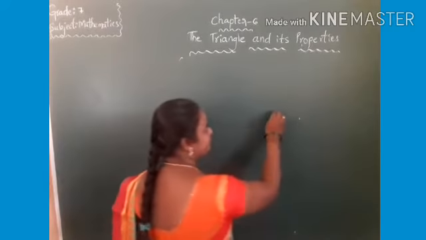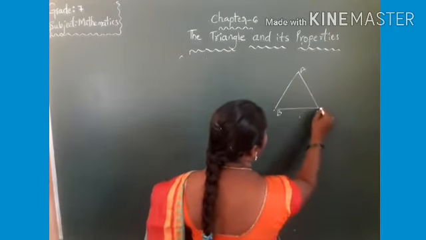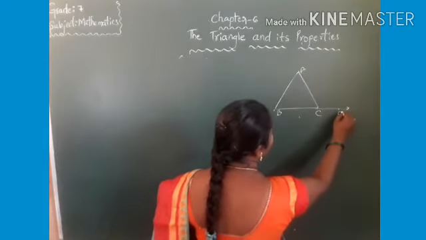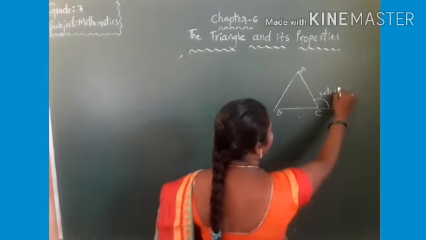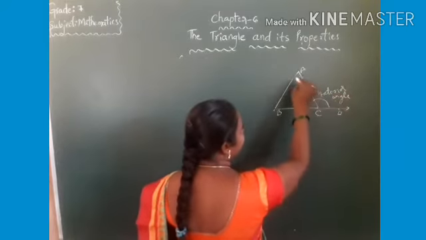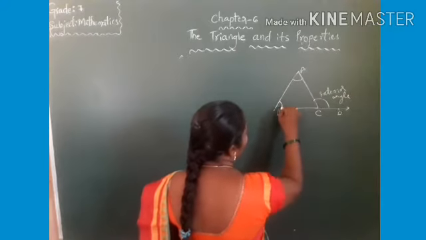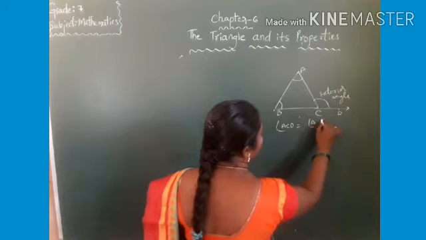ABC is a triangle, BC is produced to D, so angle ACD is called an exterior angle. The exterior angle is equal to the sum of the two interior opposite angles.